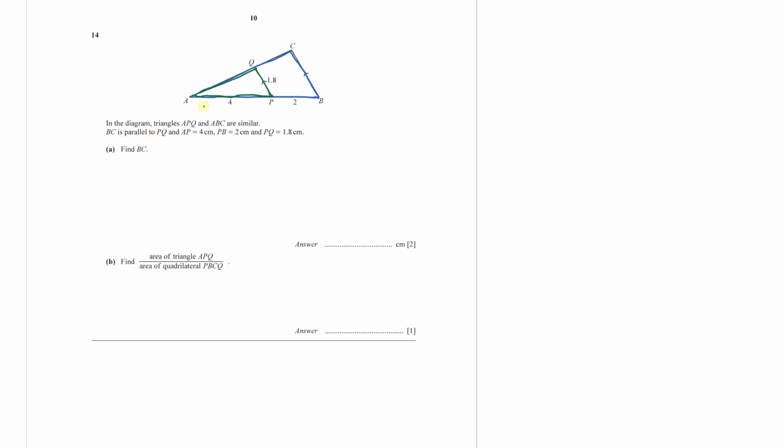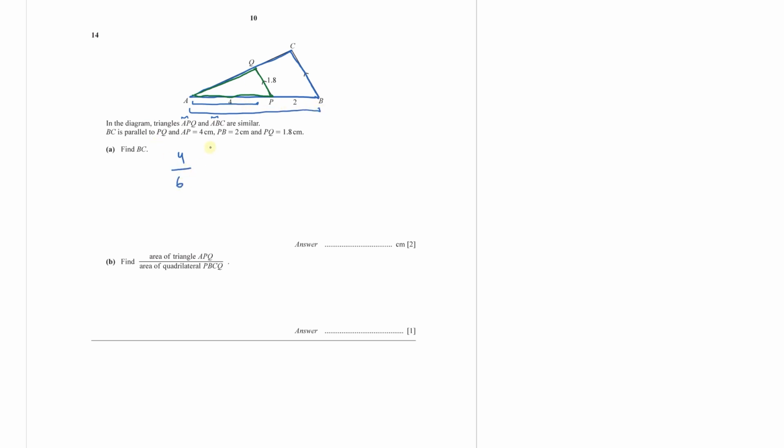But you have to take the ratio of the corresponding lengths. So if you take AP here, your corresponding length would be AB for the other triangle. So AP is this, which is 4, and your AB is this length, which is 4 plus 2.